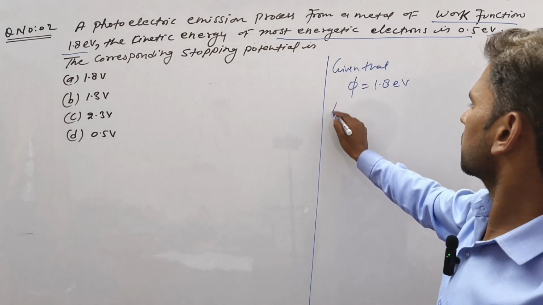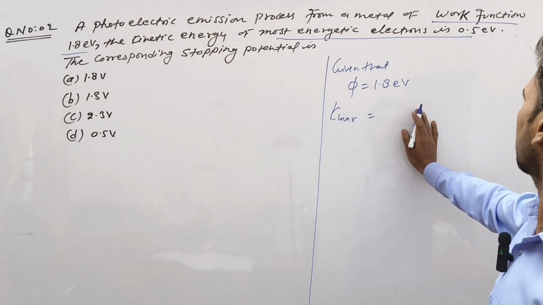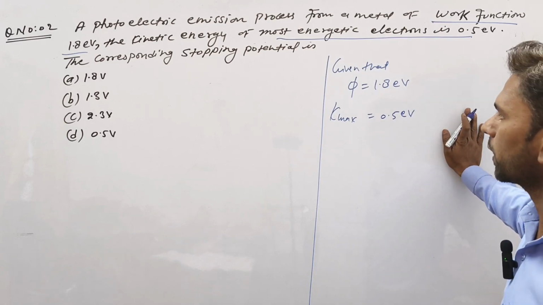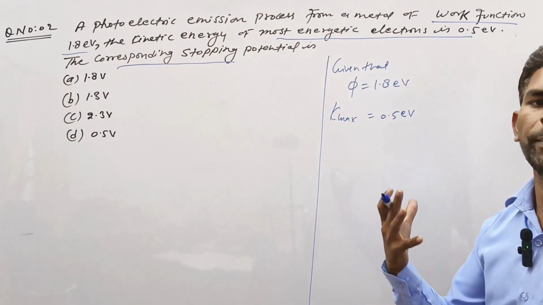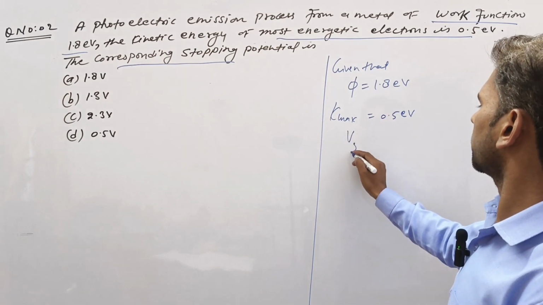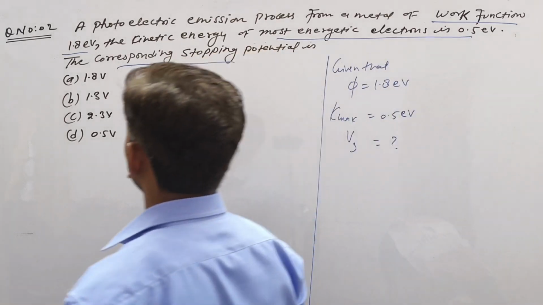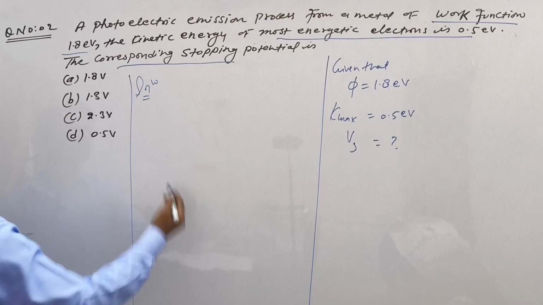It means the maximum kinetic energy is 0.5 electron volt. And they are asking for the value of the corresponding stopping potential, so we need to find the corresponding stopping potential. How can you solve this problem?